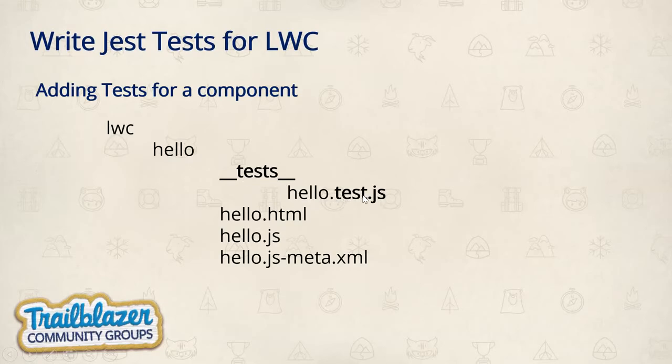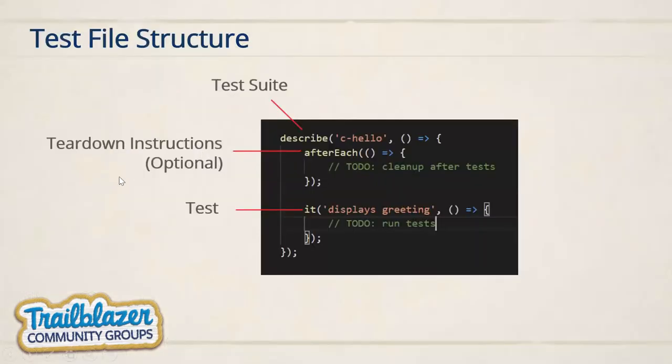It should have the extension test.js along with your component name. And here we have hello.html, js and meta files. If you have, you can also include CSS files with this one. This indicates the test file structure. Here we see describe, which indicates your test suite.